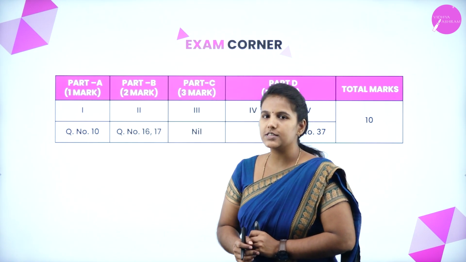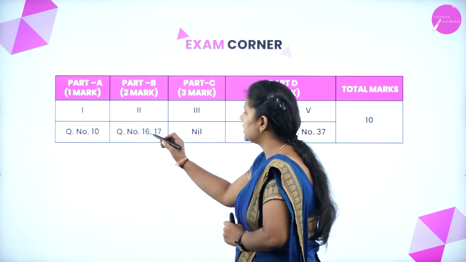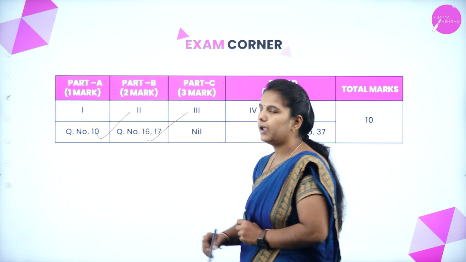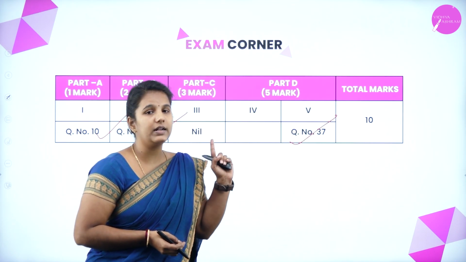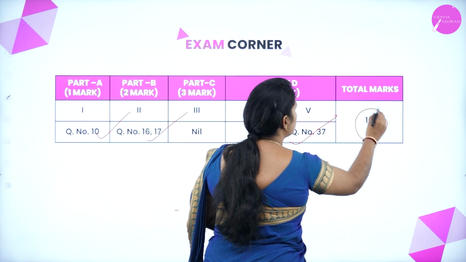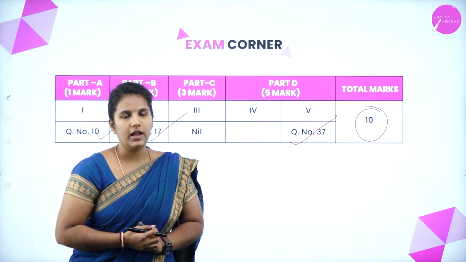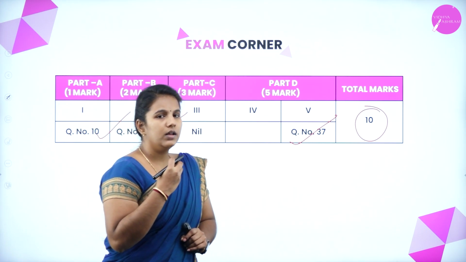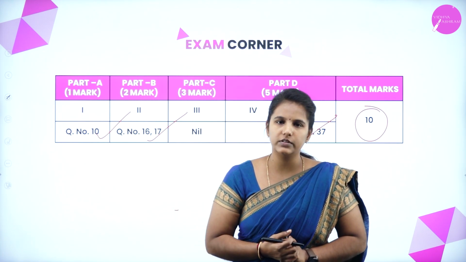The question numbers are: question number 10 from Part A, questions 16 and 17 from Part B, and question number 37 from Part D. Totally, we can expect 10 out of 10 from this unit, and this is one of the simplest units where you can easily get 10 out of 10.